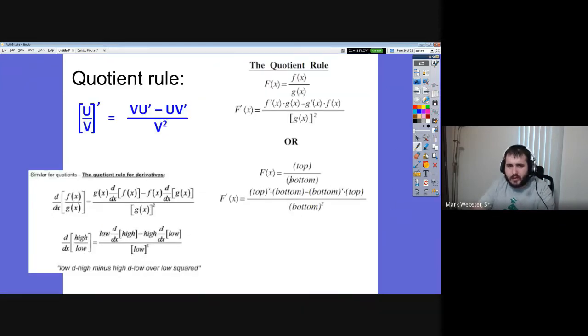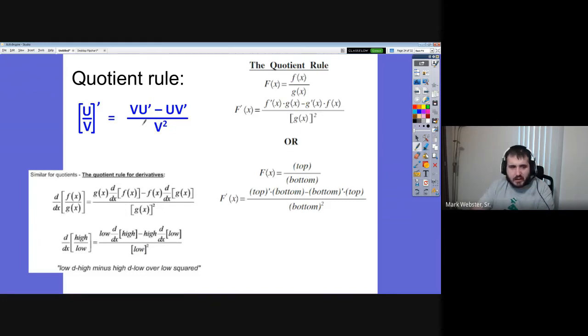Quotient rule. Okay, it's the same thing over and over again here. I just have a lot of different ways to write it. This is the way that I always learned it. Low d high minus high d low over low squared.